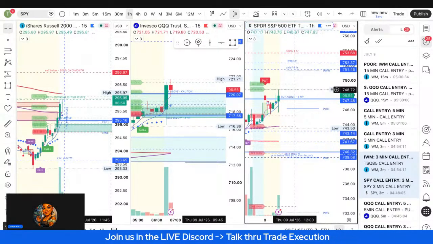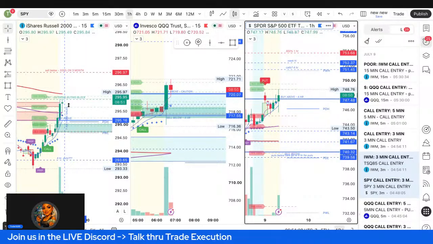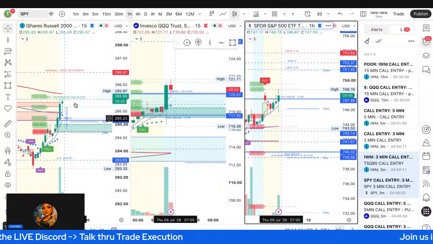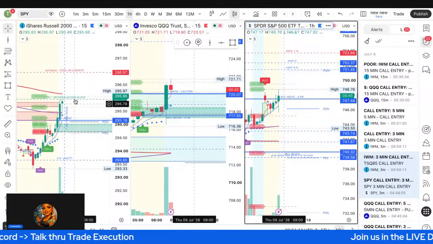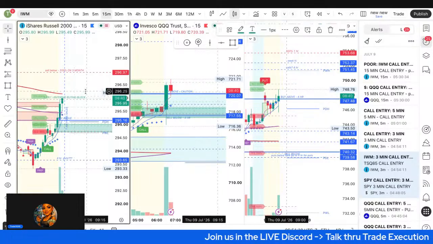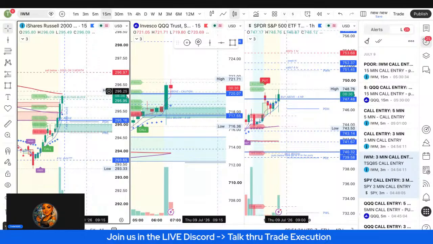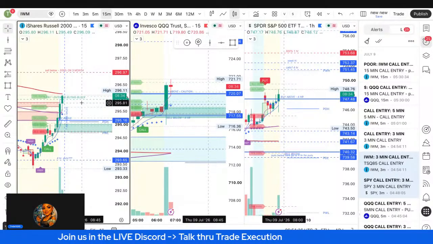Okay, that's nice. Alright, so it looks like we're building a nice strong wick here. Looks like we're going to attempt to get some calls to the upside here, breaking out of this 1 day buying block. So I anticipate we're going to have a lot of strength. We just crossed over that 1 day buying zone.